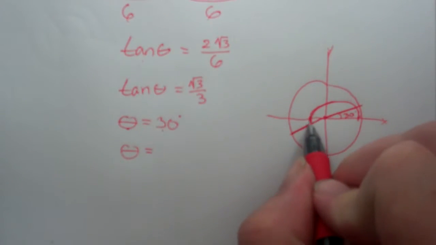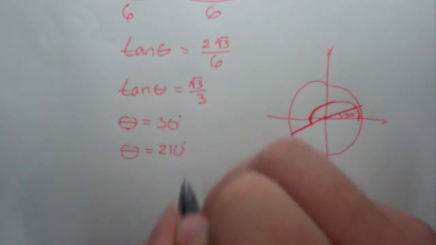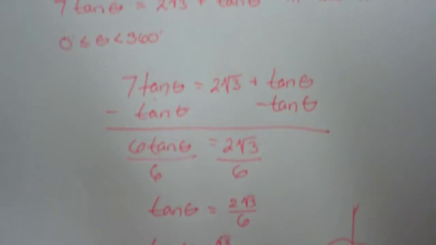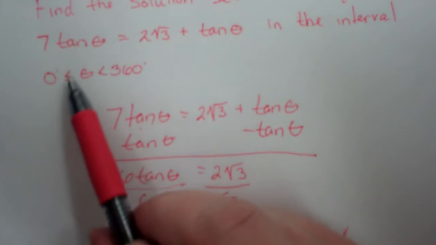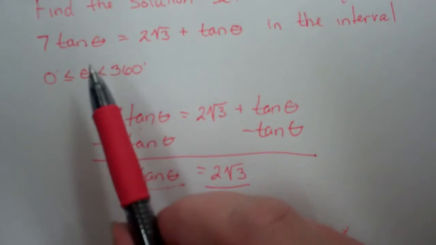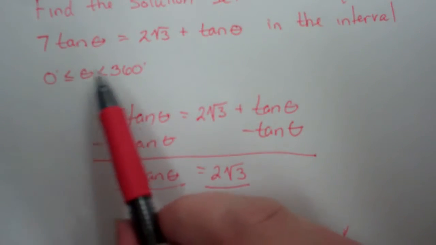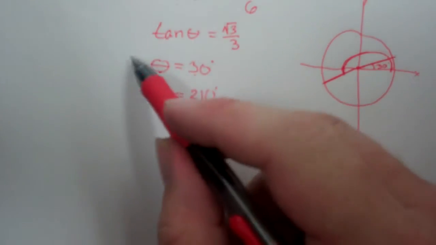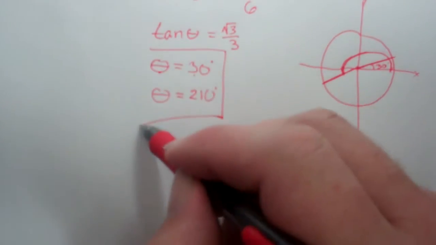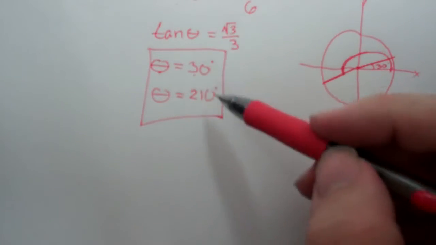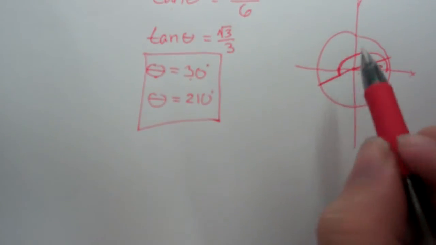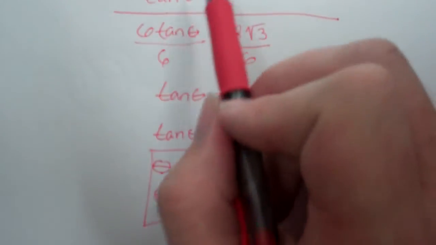This is 180 plus 30, so we end up here at 210. These are the only solutions we need because this was specifically saying that it wants the values of theta that are between 0 and 360. So here are the values of theta between 0 and 360, which give us solutions to this equation.